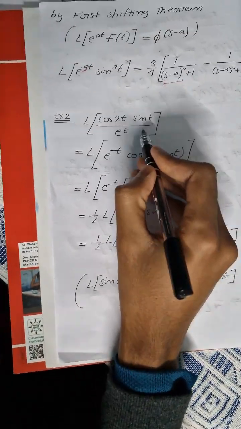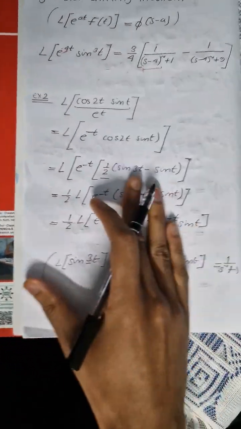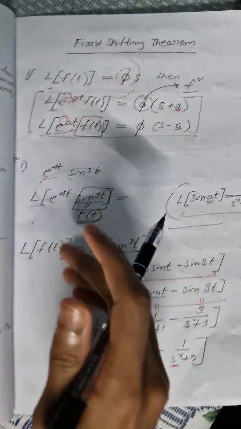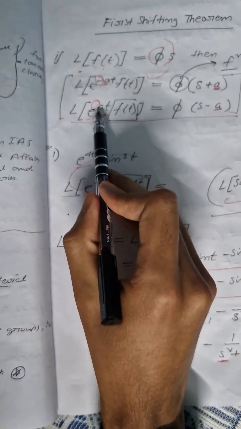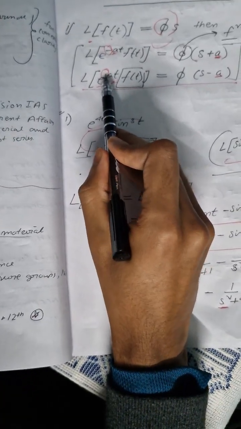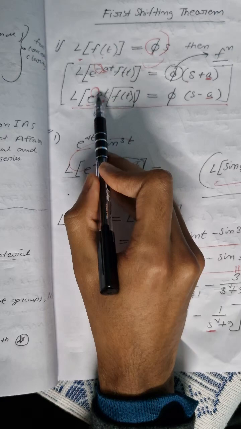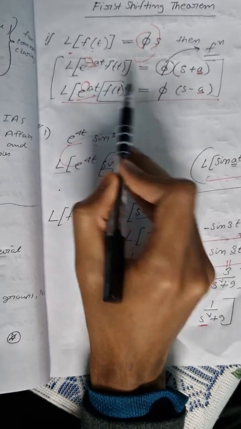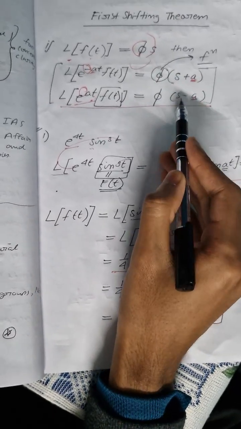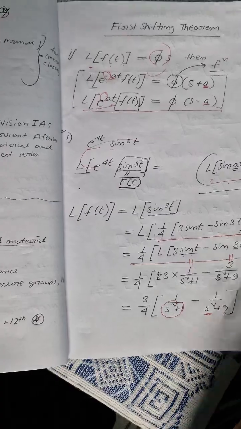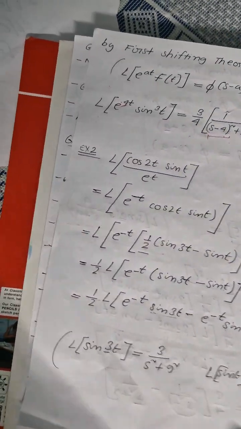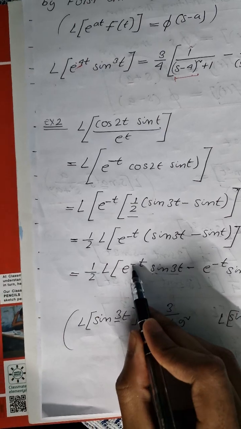The question was cos 2t sin t e to the power of t. So we know that when there is e to the power at with a positive power, this becomes phi of s minus a. Here we can see e to the power minus t.